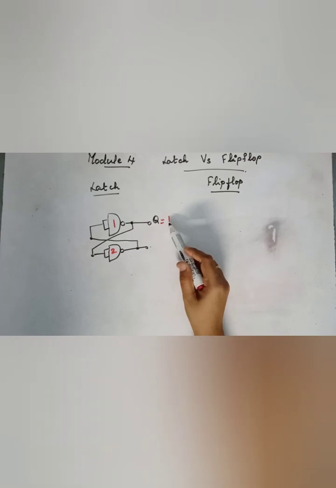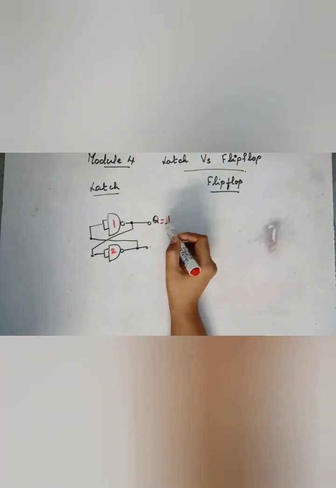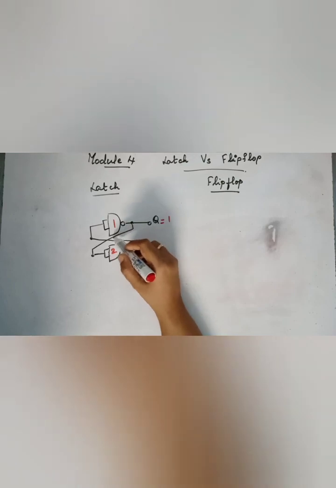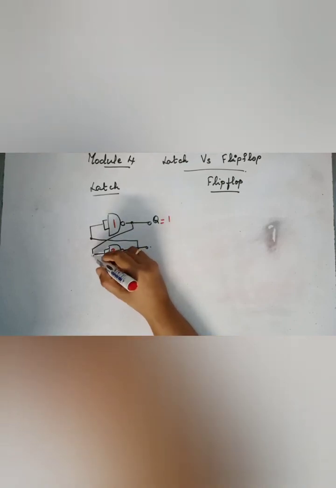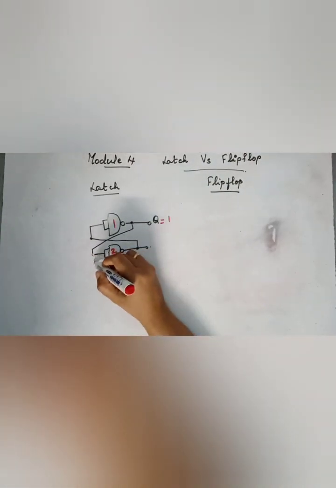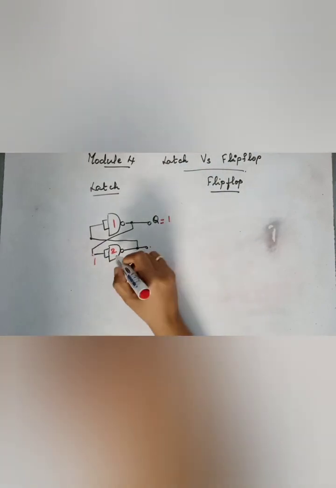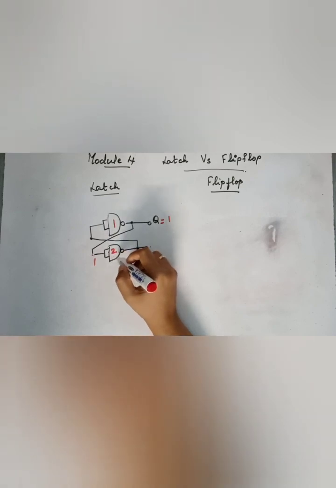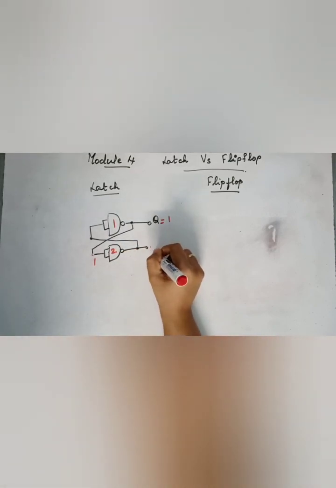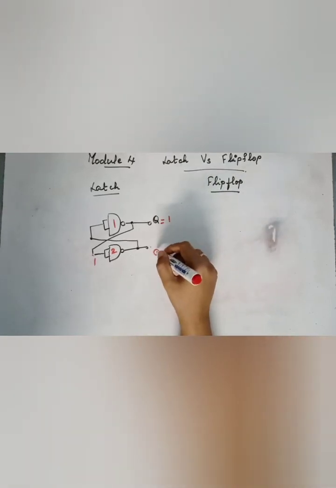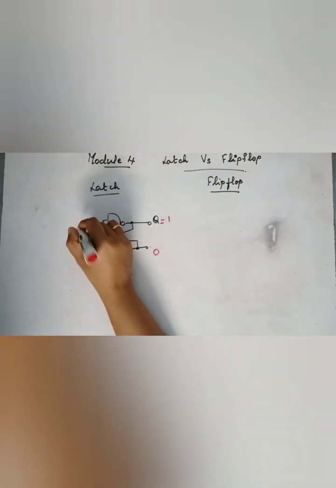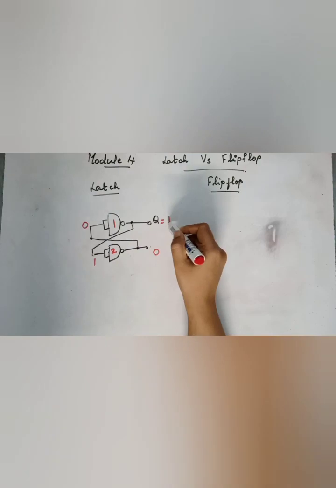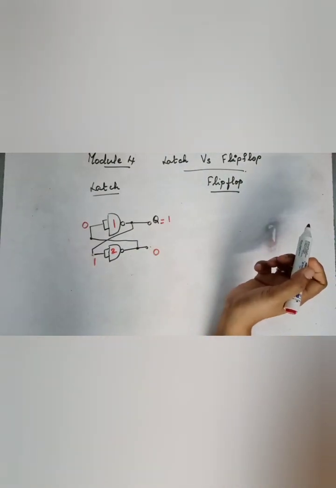So I am assuming here that it's a 1. This is connected directly to the input of the second NAND gate. That 1 comes here, and when you give a 1 to both the inputs of the NAND gate, you get a 0 here. This 0 is directly applied to the input of the first NAND gate. Naturally, when you have a 0 at the input, the output will be 1 for a NAND gate.